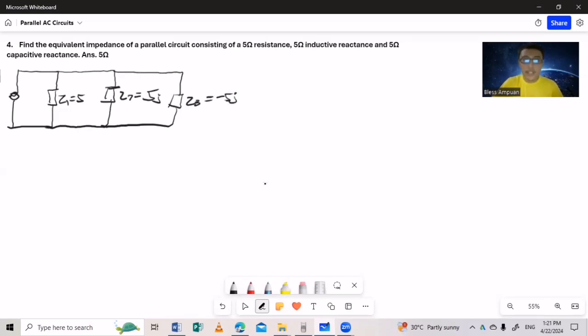To solve for this, our Z total is 1 over 1 over 5 plus 1 over 5J plus the same, negative 5J.